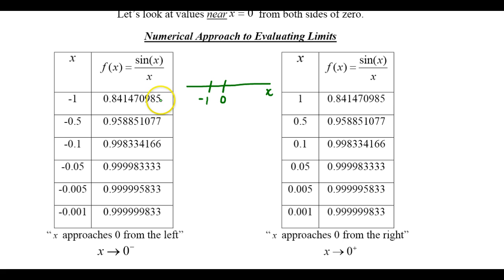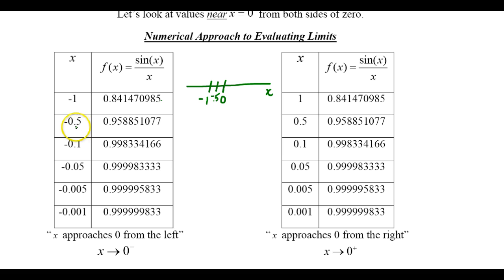Alright, so now I want to figure out, what happens when I get even closer to 0? What's closer to 0 is -0.5. So at -0.5 or -1/2, when I substitute -0.5 into sine x over x, I'm going to get 0.958851077. So I just keep getting closer and closer to 0 from the left side.